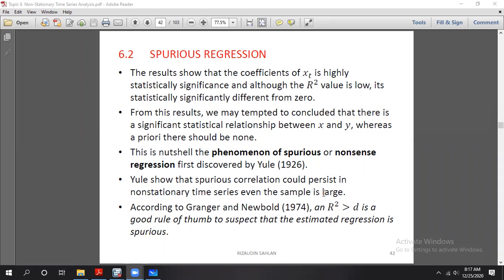So according to Granger and Newbold, an R square larger than the Durbin-Watson is a good rule of thumb to suspect that the estimated regression is spurious.